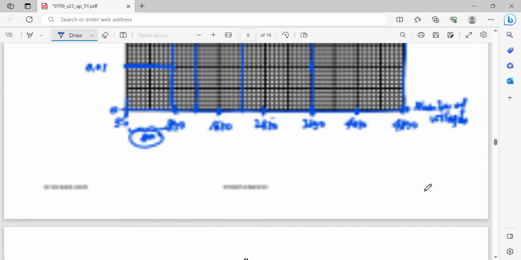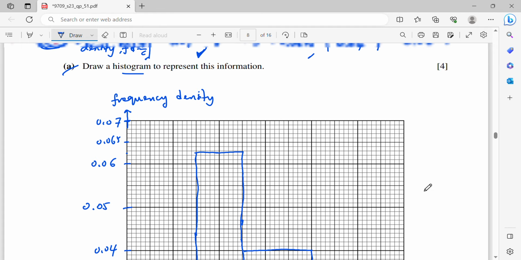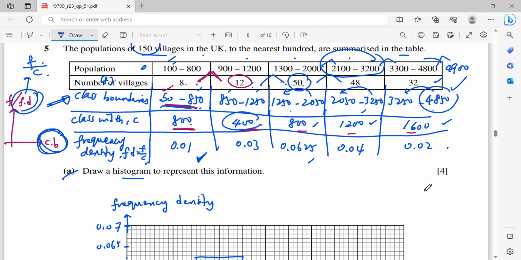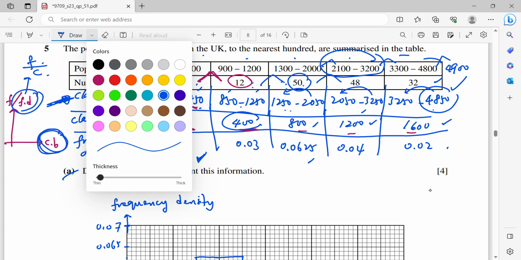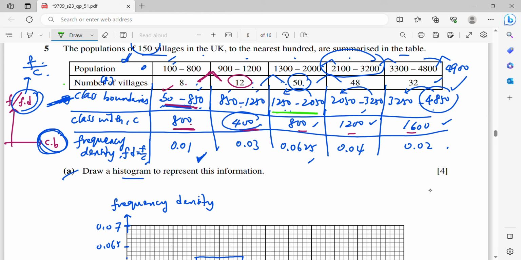So the third class. Since now you need to get the IQR, interquartile range, we do not refer to the class limits, but we will refer to the class boundaries. So the third class boundaries, I will refer to 1250 to 2050.